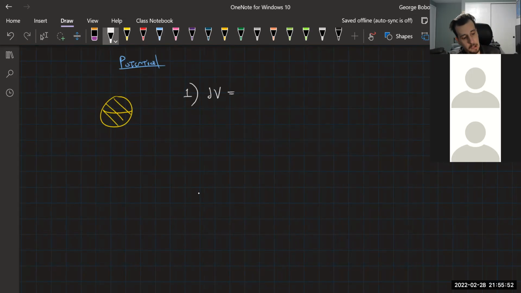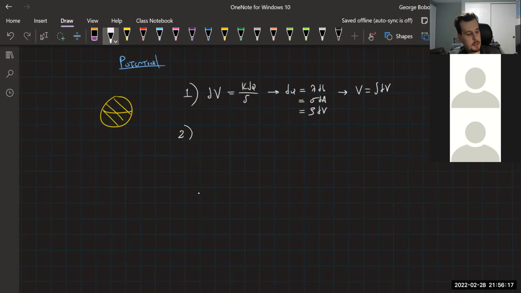So dV is K dq over curly R, and dq depends on the dimension of what you have. Then you would solve the voltage as the integral of dV.